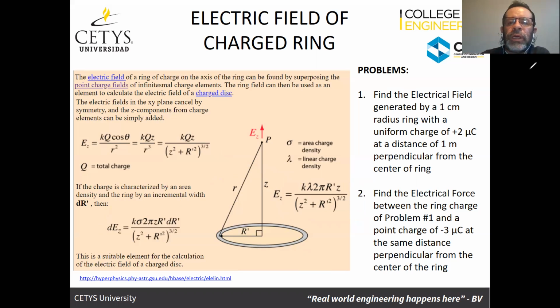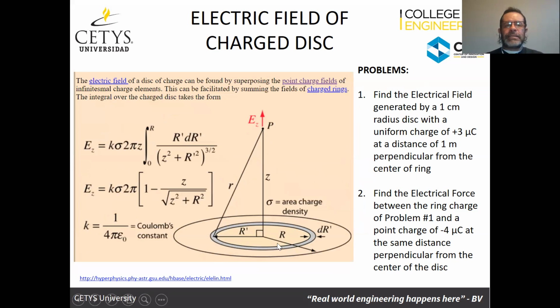And before we go and look a little bit at these problems, what would happen now that instead of looking at a ring, now we would be talking about a disk? Well, the difference with the disk is that a disk is actually a series of infinitesimal rings that are being added up to constitute a complete surface.